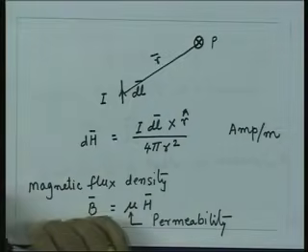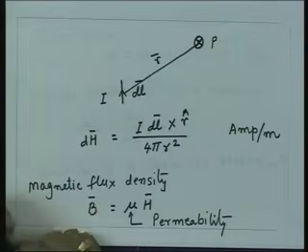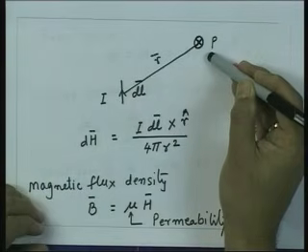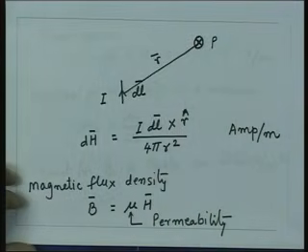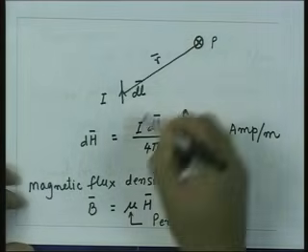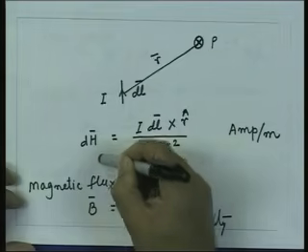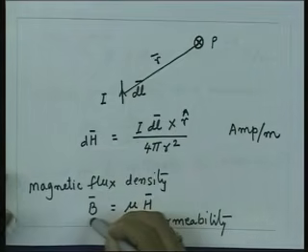Same thing we can define for the magnetic field also, that is the force which will be experienced by a unit magnetic pole if it is placed in the vicinity of a current. So, essentially the magnetic field or magnetic field strength and the magnetic flux density are vector quantities.